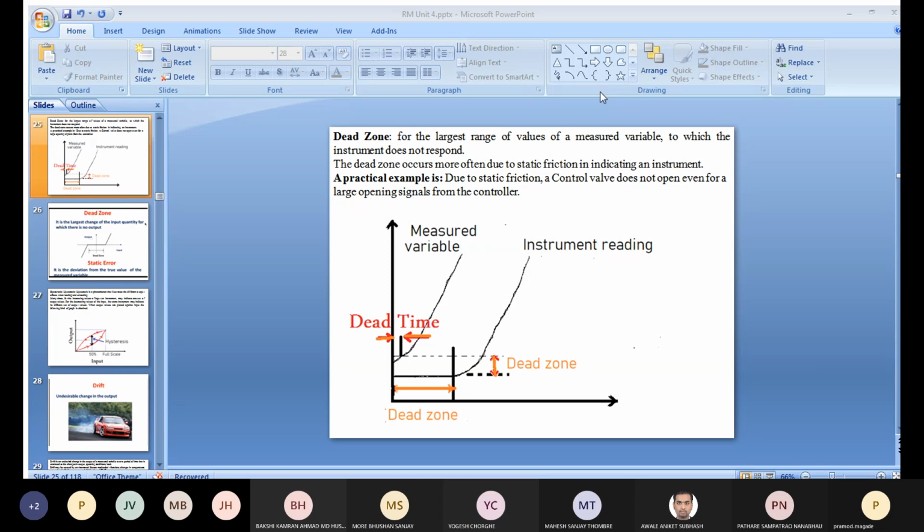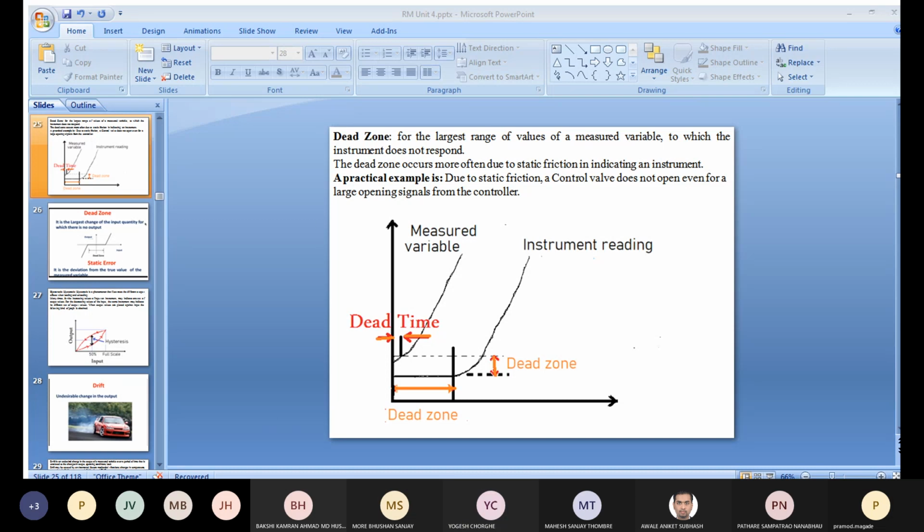You can just message. There is an option. You can text message. So that I can read. Are you able to listen to me? No, your voice is not audible, Yogesh. Okay, you can just message.